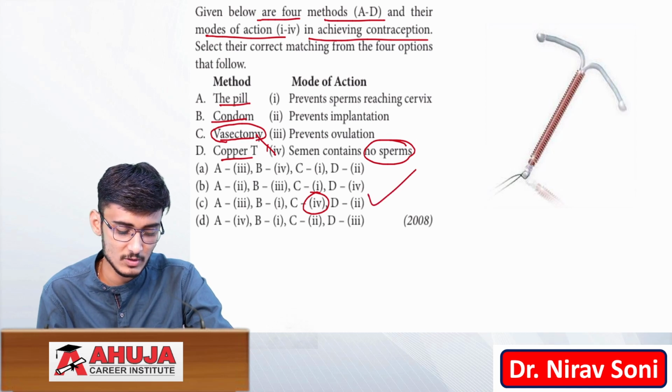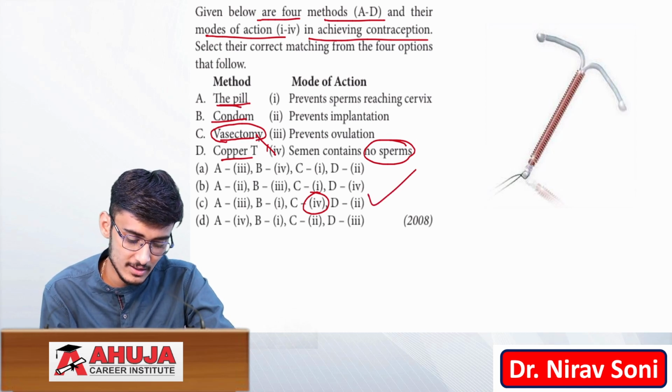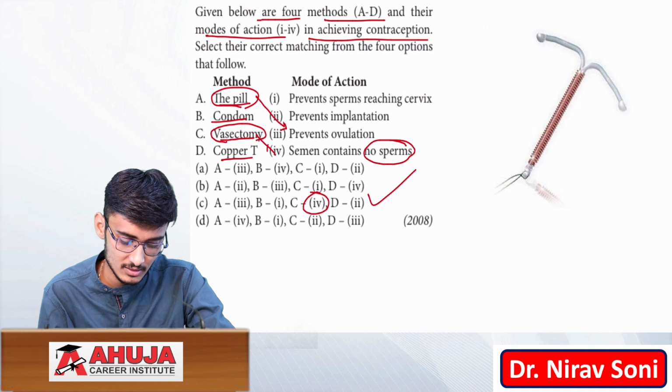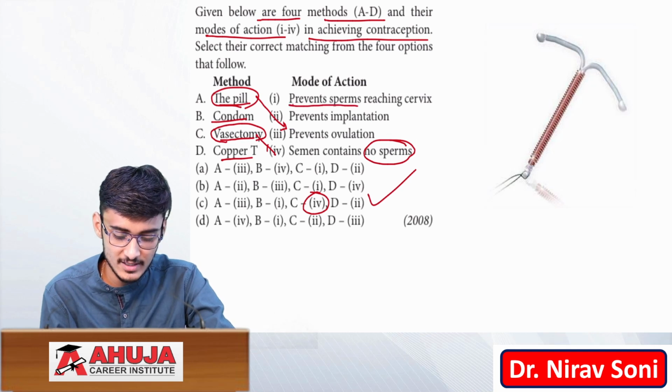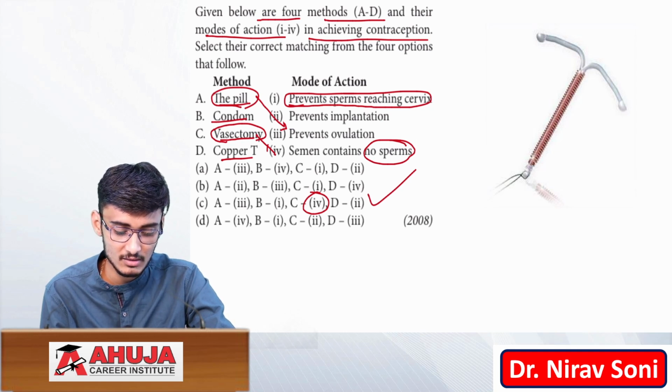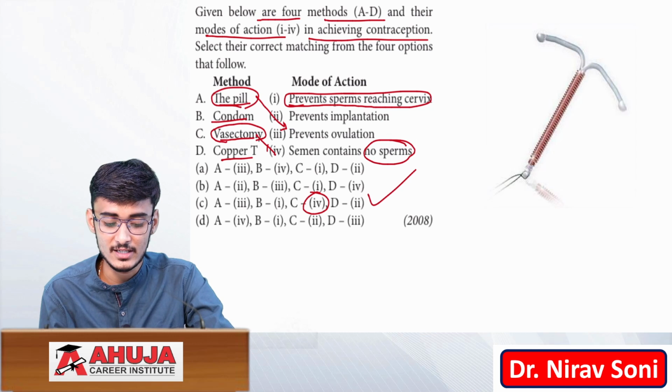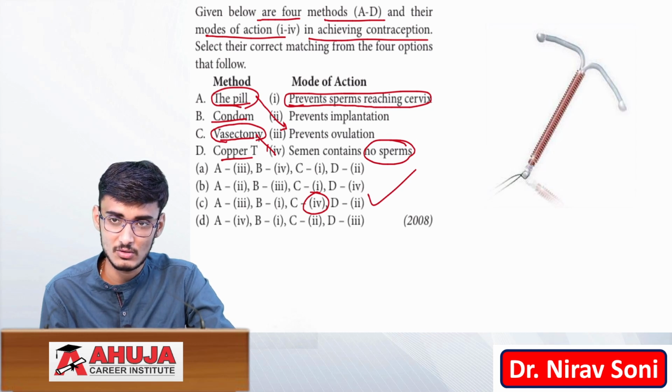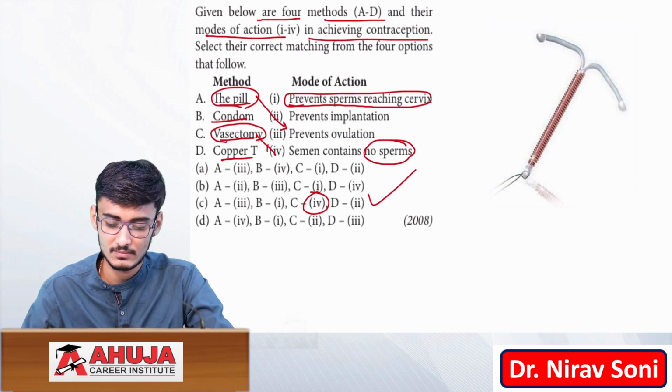Option C should be right over here. The pill prevents ovulation, and the condom prevents sperm reaching the cervix. It is one type of barrier method. When inserted over the penis in the vagina, it is a barrier method. It is made up of a plastic sheath layer, so transfer of sperm into the vaginal cervix cannot occur.